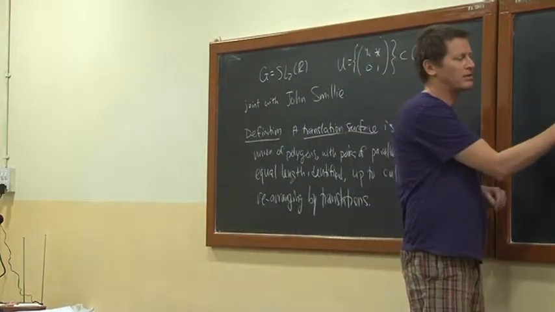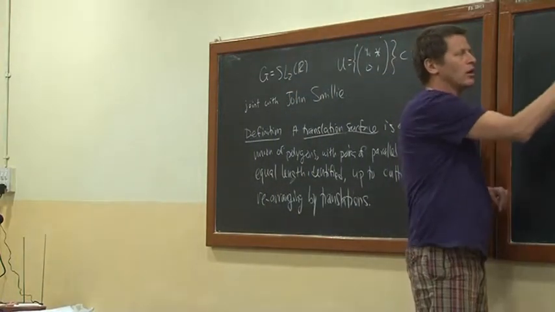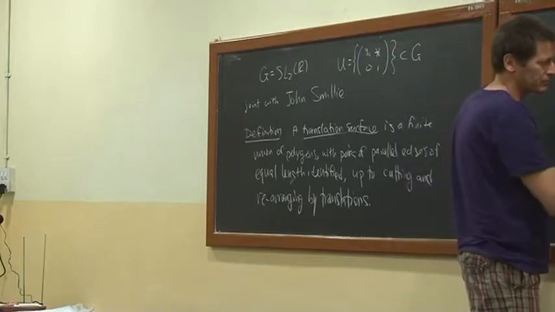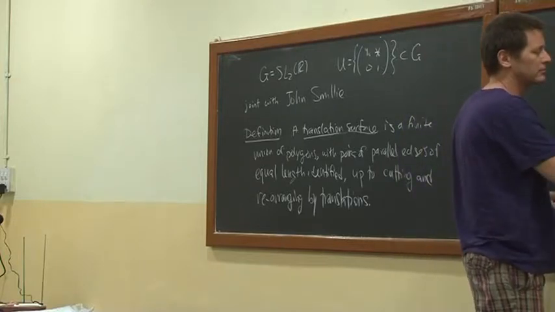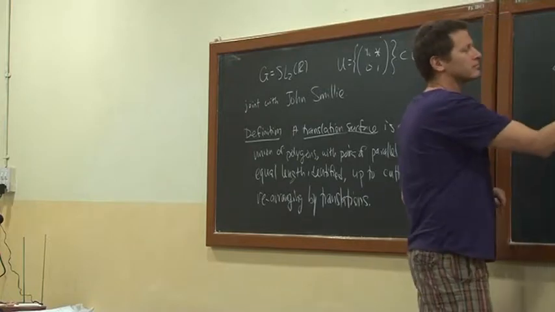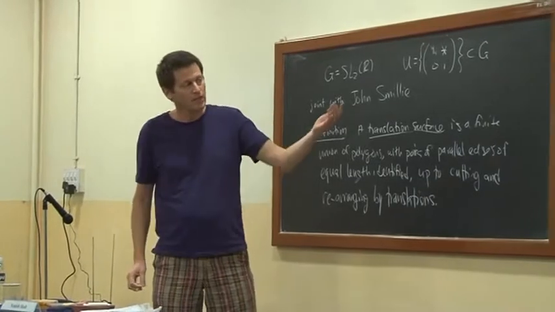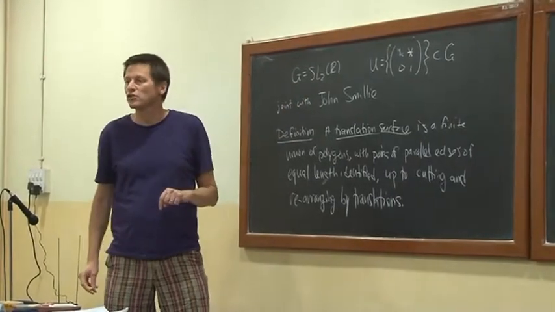So for example, in this picture, I can identify these two, I can identify these two, and these might be the identifications. So this is one translation surface.